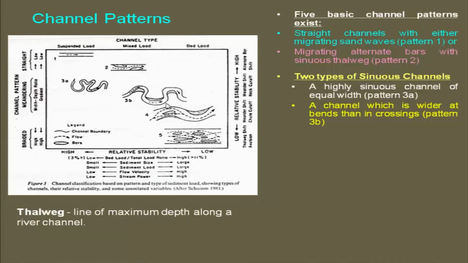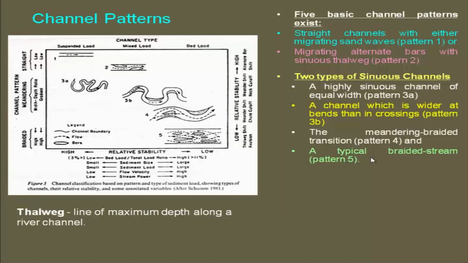Then you have 4A, which is the meander-braided transition, and then you enter into the bed load and typical braided channel. So you have total bed load in this pattern, and you typically have braided streams.